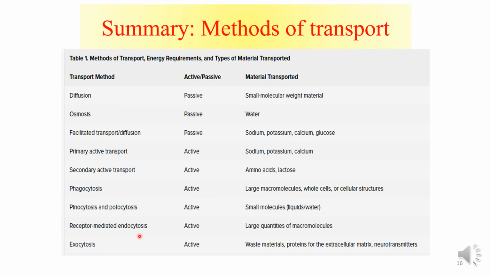The receptor mediated endocytosis is also an example of active vesicular transport where large quantities of macromolecules are taken inside the cell. In exocytosis, which is also a vesicular form of active transport, waste materials, proteins for extracellular matrix, and neurotransmitters are exported outside the cell. So, this is the complete summary of different types of methods of transport.